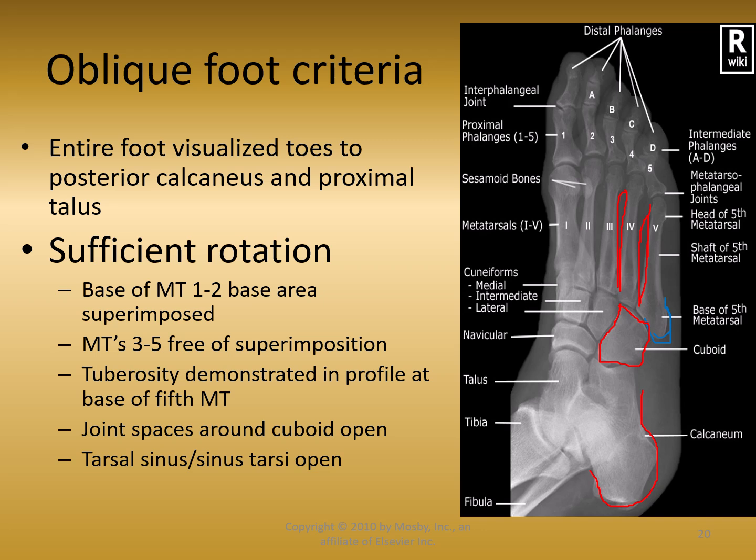But now we'll be able to open up the space between the third and the fifth more so. And then what we notice is that the bases of the first and the second are going to superimpose even more so than they did in the AP. So we're going to have more superimposition here between the bases of the first and the second metatarsals.